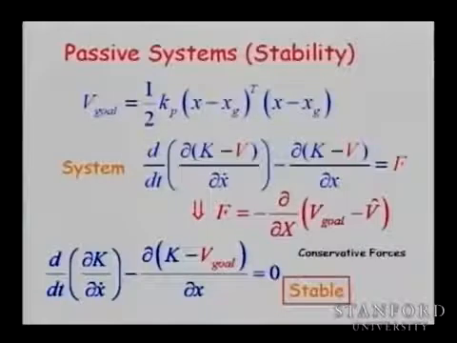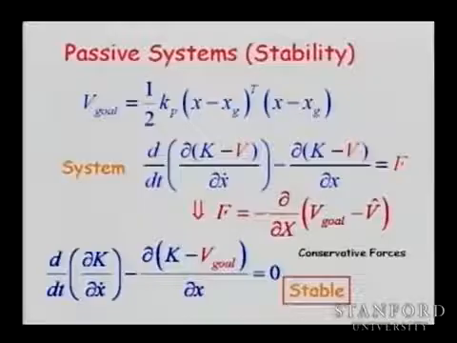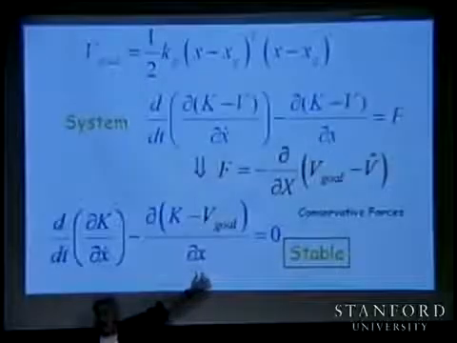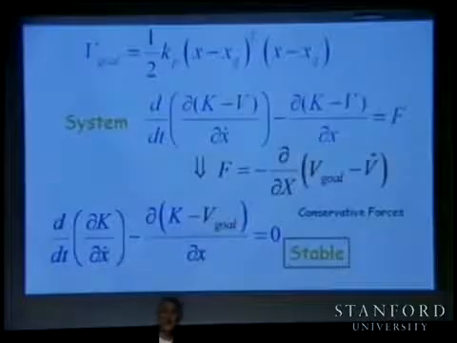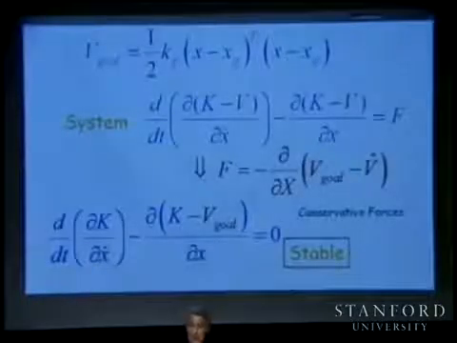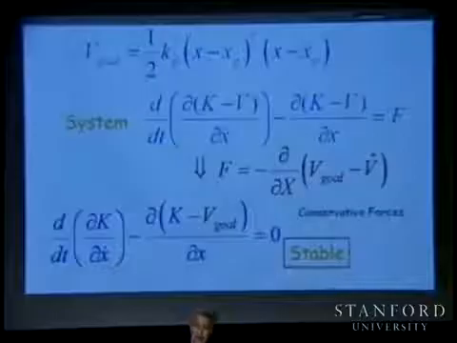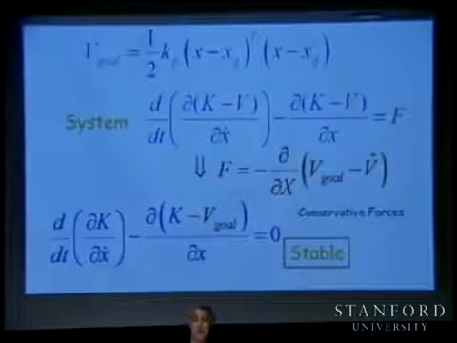So this system is stable. It will oscillate about V goal. It will oscillate, but stable. Instead of oscillating about the minimum of the gravity field, it will oscillate about the minimum of the artificial potential field you are putting about your goal position.